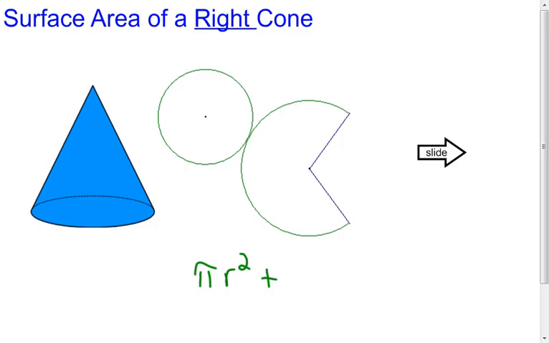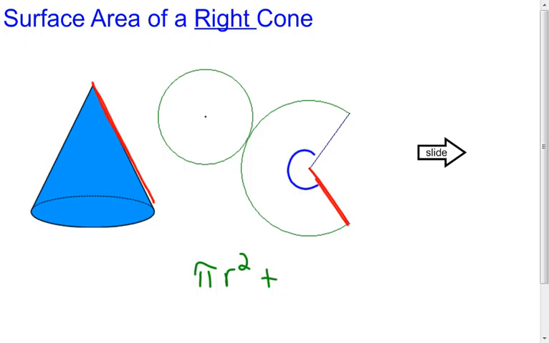We need to know the radius of the sector, which would actually be the slant height of the cone, and that's a piece you could find out. But then you'd also need to find the measure of this angle. That's the part that gets really hard, because this angle that I just marked on my sector doesn't really exist in the three-dimensional figure. So we're not going to have that information.